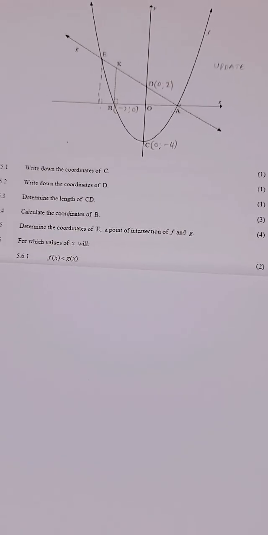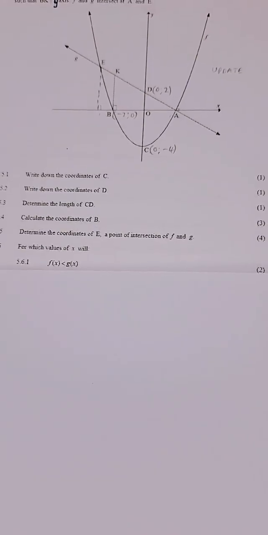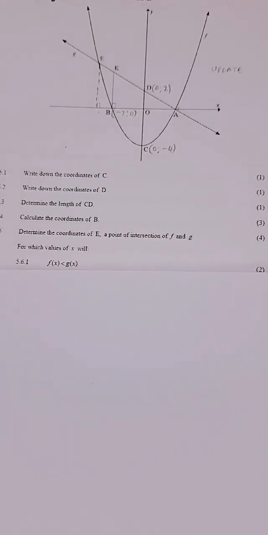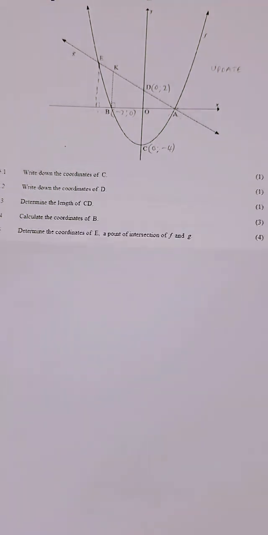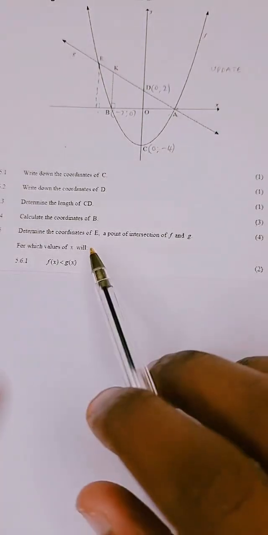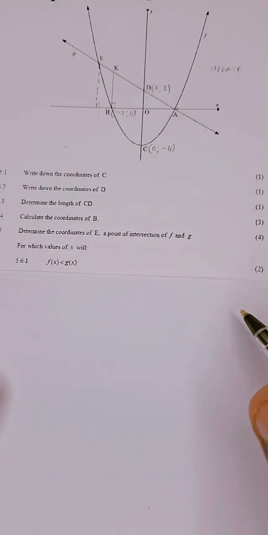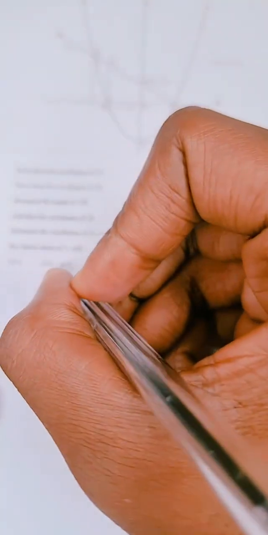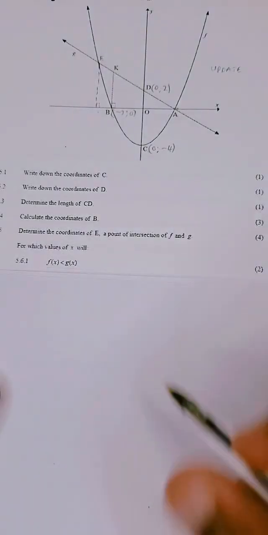Look at 5.6.1. It says, for which values of x will f of x be less than g of x? Now, I want us to understand what this question is looking for. We need to first understand what it means.